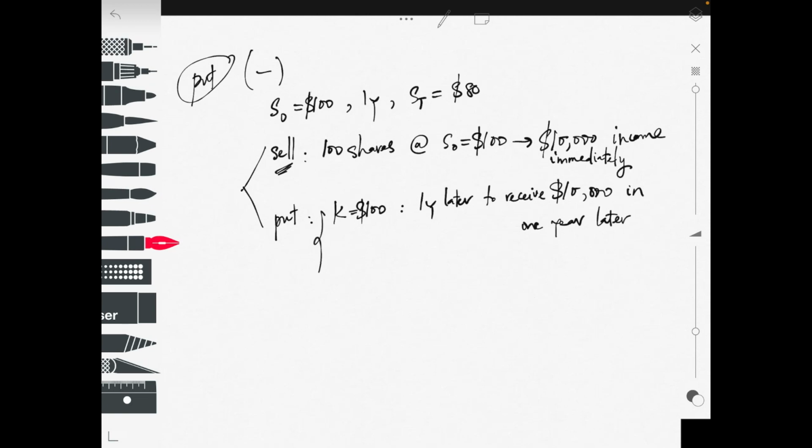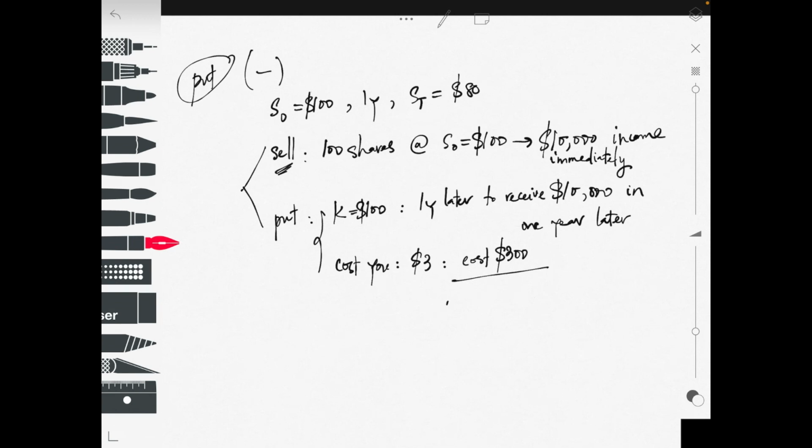Moreover, for the put, you also need to buy the put option, so it also costs you. For example, if the option premium is $3, and you buy the put option for 100 shares, it also costs you $300, right?